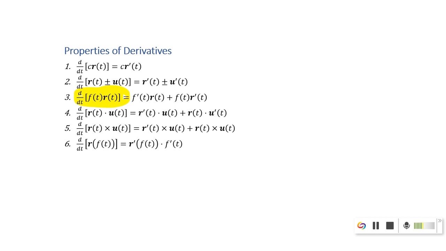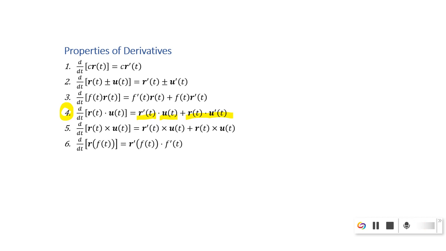You can apply the product rule by taking the derivative of the first times the second plus the derivative of the second times the first. That's the same product rule you've learned in the past. And number 4 says you can also apply the product rule to a dot product of two vectors: derivative of the first times the second plus derivative of the second times the first.